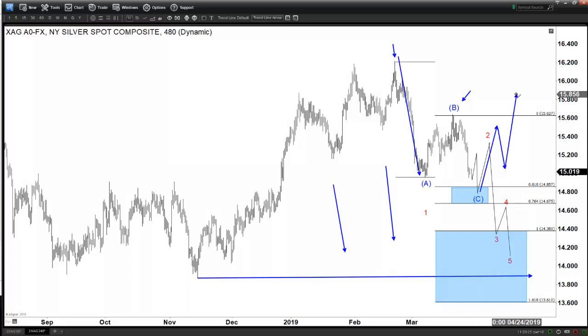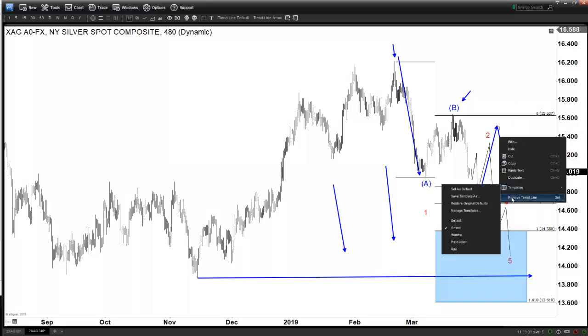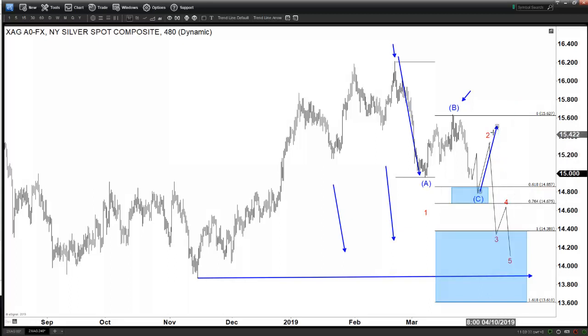So we have two scenarios in silver, okay, in the larger degree. Either we ideally will have a chance to extend lower to 14.4, retesting the 2018 low. In the alternate scenario, we truncate somewhere around this area, 14.6, 14.8, but we need to be able to see a clear 5 waves down if we are going to truncate.